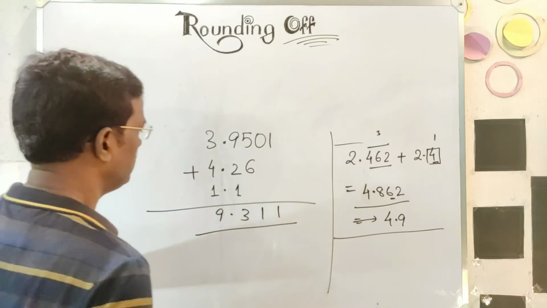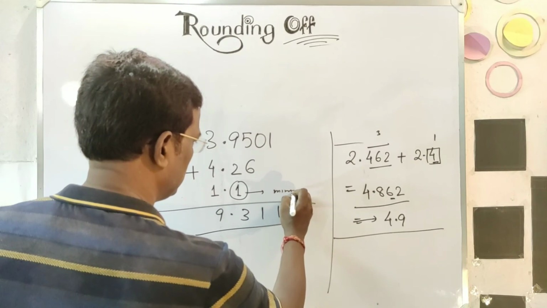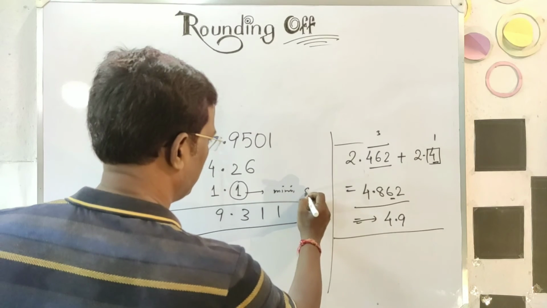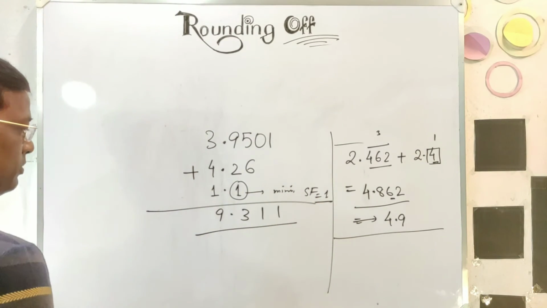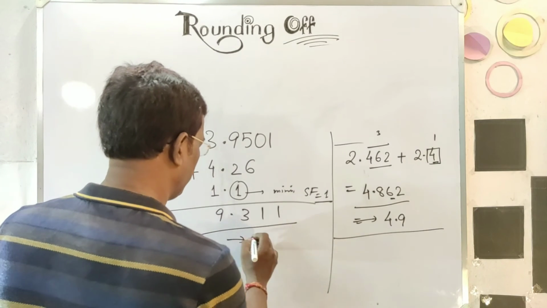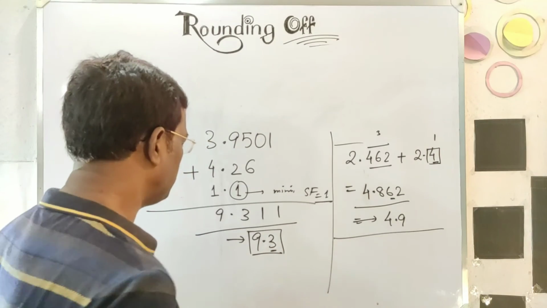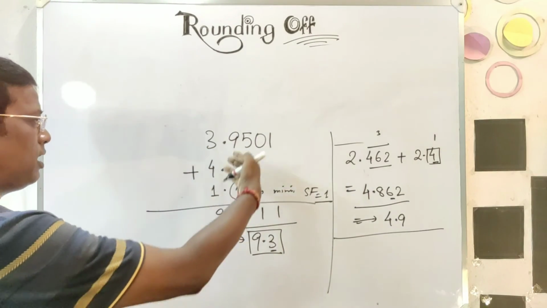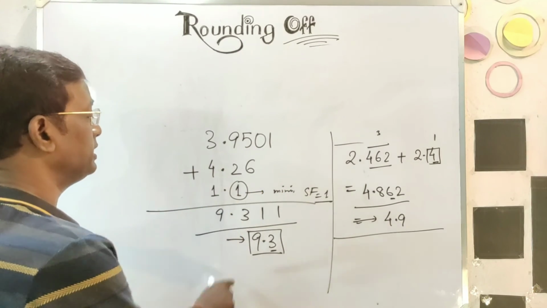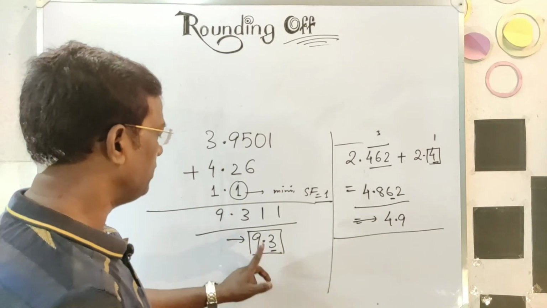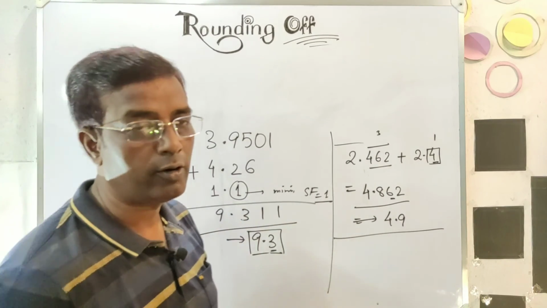But we have to check: as 1.1 possesses the minimum number of significant figures after the decimal, which is 1, the final answer will be only 9.3. One place you will take after the decimal, because out of these three, 1.1 has only one significant figure after the decimal. Since the next digit is less than 5, it is a simple rounding off, 9.3.